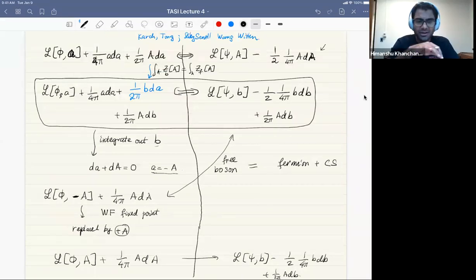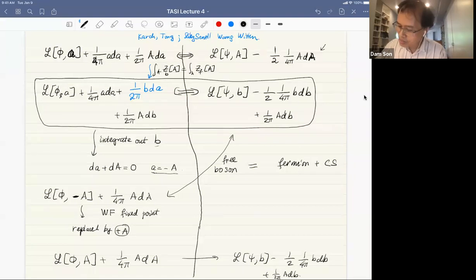But I mean, why would you say that the left-hand side is a free boson, whereas the right-hand side has a Chern-Simons? Because the AdA term with capital A on the left-hand side also looks like a Chern-Simons. So there is a Chern-Simons field also on the left-hand side, right? Or there is a Chern-Simons on the left-hand side, but this Chern-Simons is a dynamical field. We are supposed to integrate over little a.